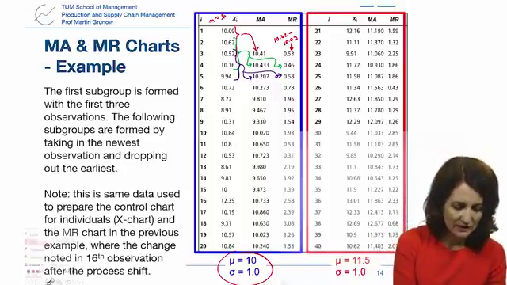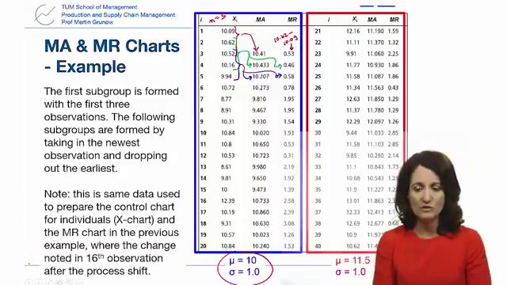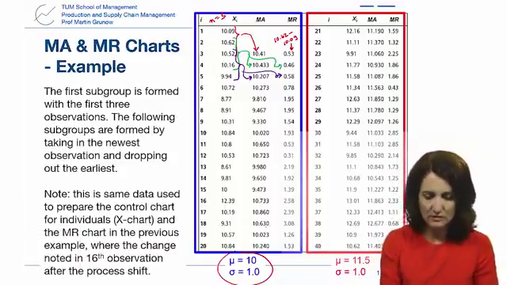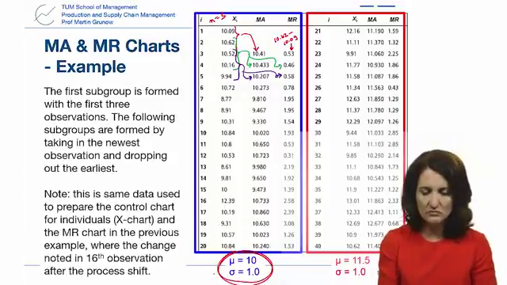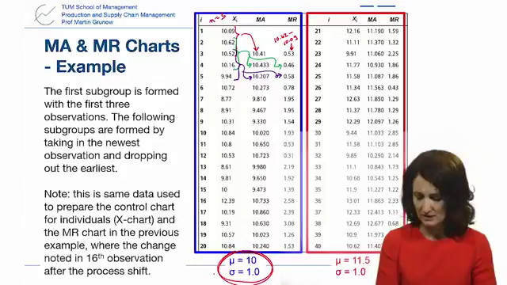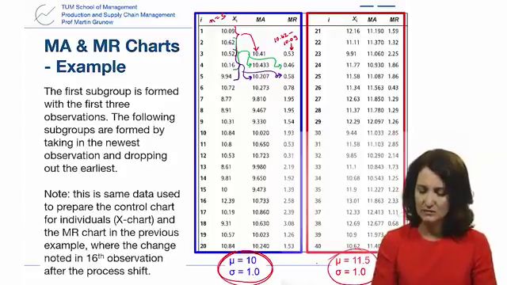If we didn't have any standards, we would use the overall average of the moving averages and the average of the moving ranges to calculate our control limits, because we're interested to see how we will detect the shift.